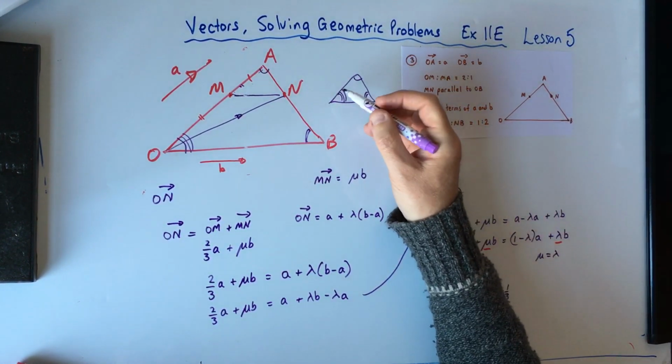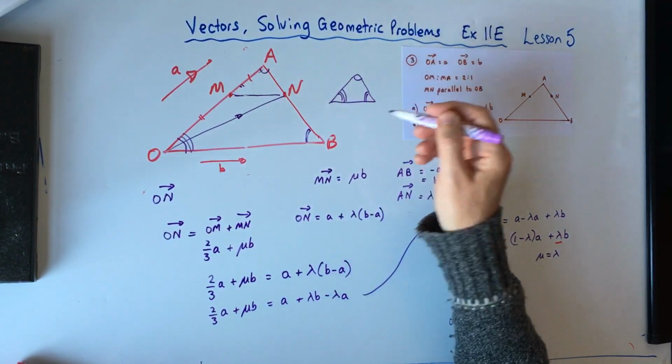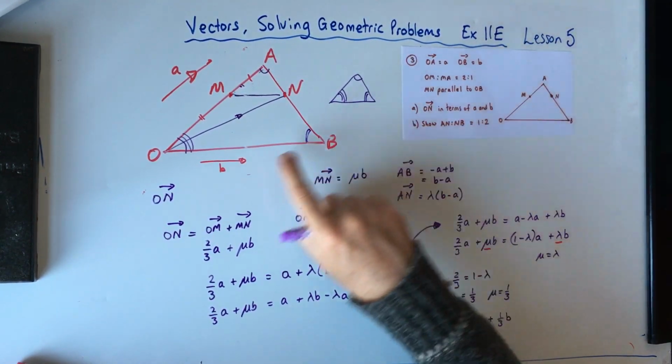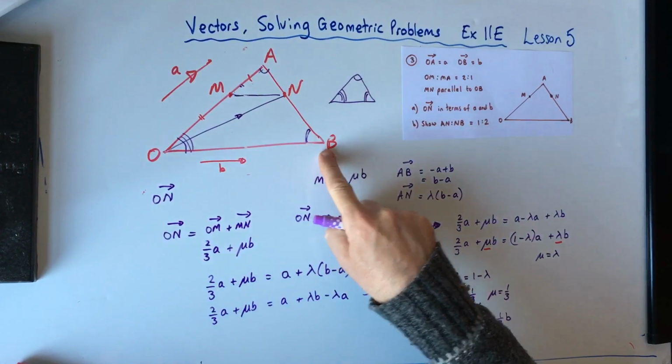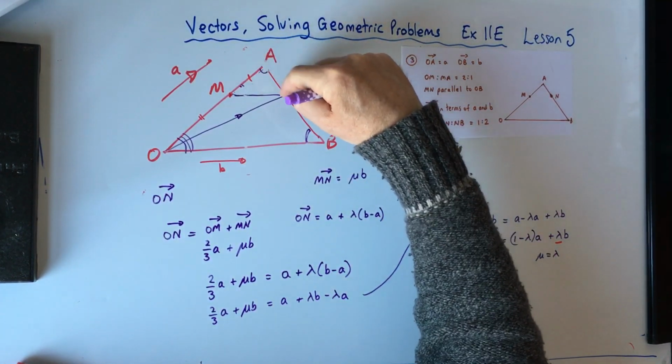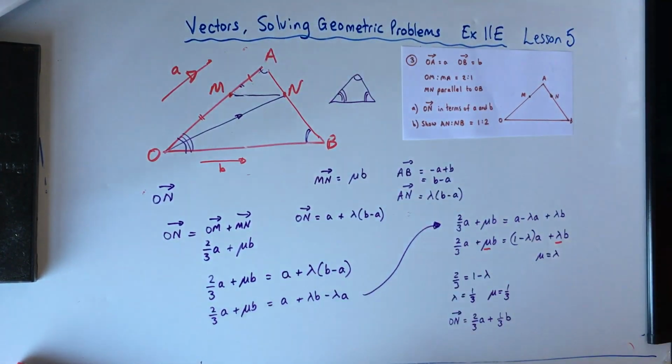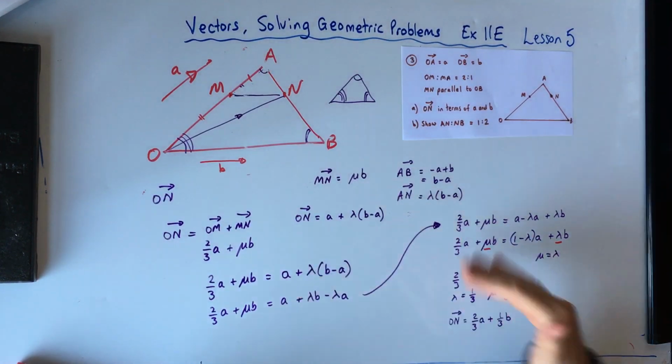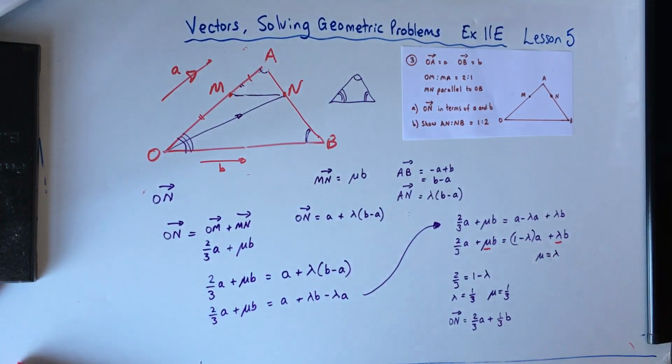So if this is 1 to 3, then it's 1 to 3 for all of the sides. So this side has to be a third of this one, and this side here is a third of that one from similar triangles. So there was actually really nothing to work out here. You could have just done it from similar triangles and not using the pure vector method that I've done here.